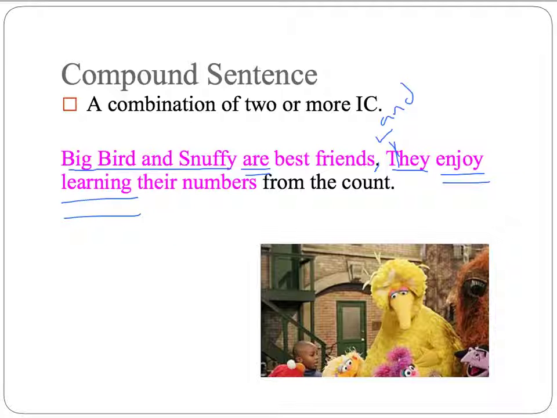Big Bird and Snuffy are best friends, and they enjoy learning their numbers from the Count. Those are two possible ways to create a compound sentence.